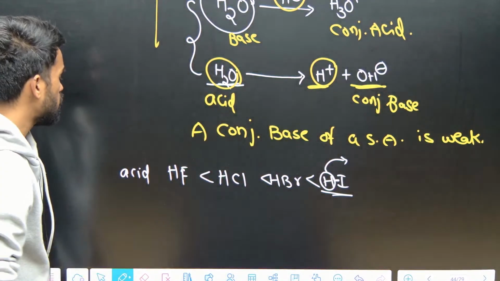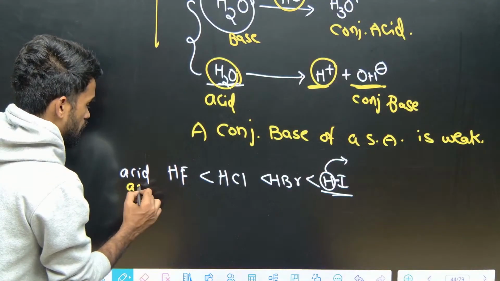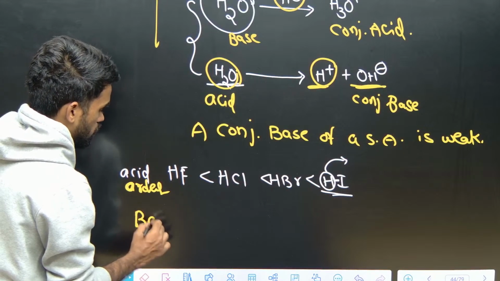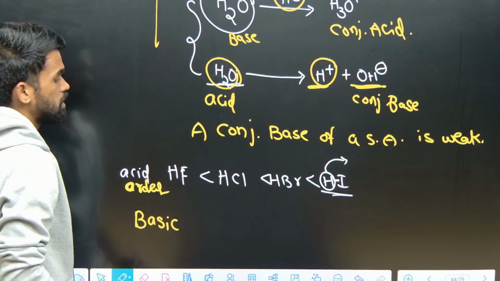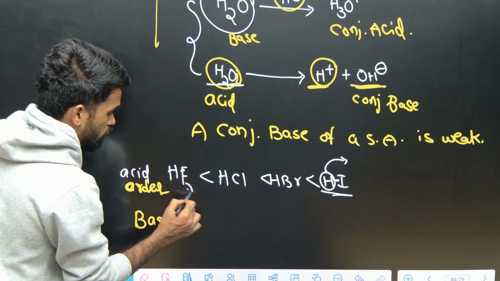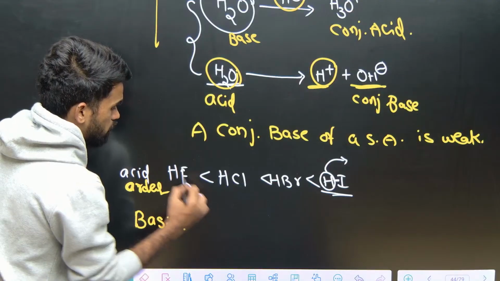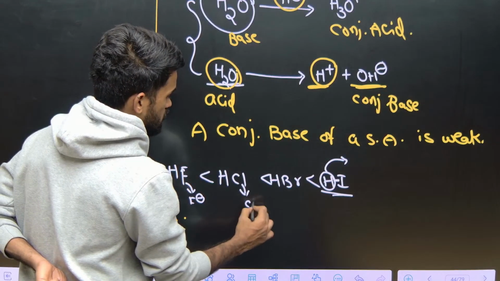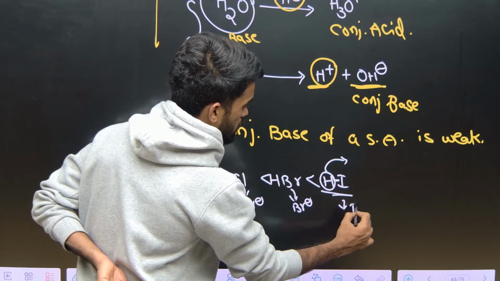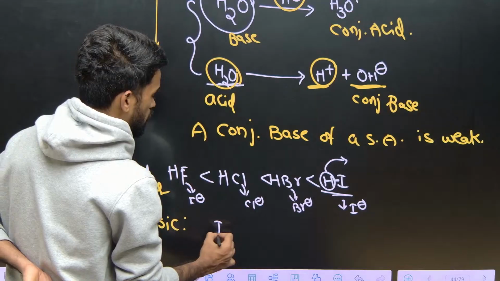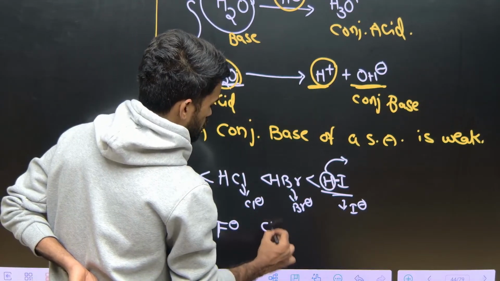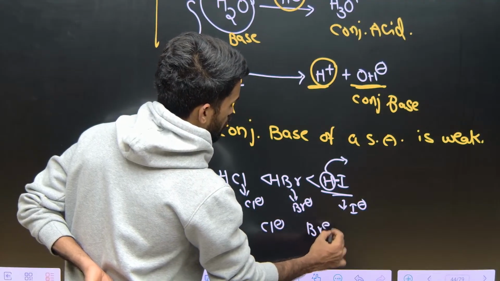Now the acidic strength order is done. If I ask the basic strength order, how can you answer? After releasing H plus ion we got F minus, from here Cl minus, from here Br minus, and from here I minus. Now I am asking the basic strength order of F minus, Cl minus, Br minus and I minus.